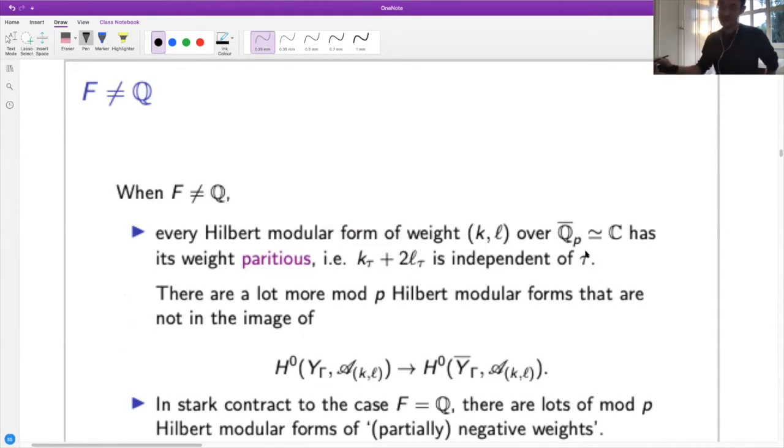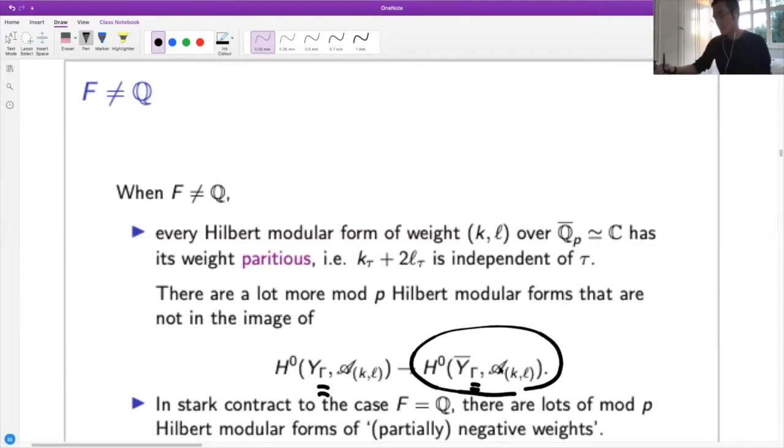So that means there are lots of mod p Hilbert modular forms, the ones on the right, which are not in the image of it, because those in the image are necessarily of parallel weight. So if I consider the mod p Hilbert modular forms of (k,l) non-parallel, then they are not coming from characteristic 0 of level Gamma. I should probably emphasize that they're not coming from the same level, Gamma and Gamma.